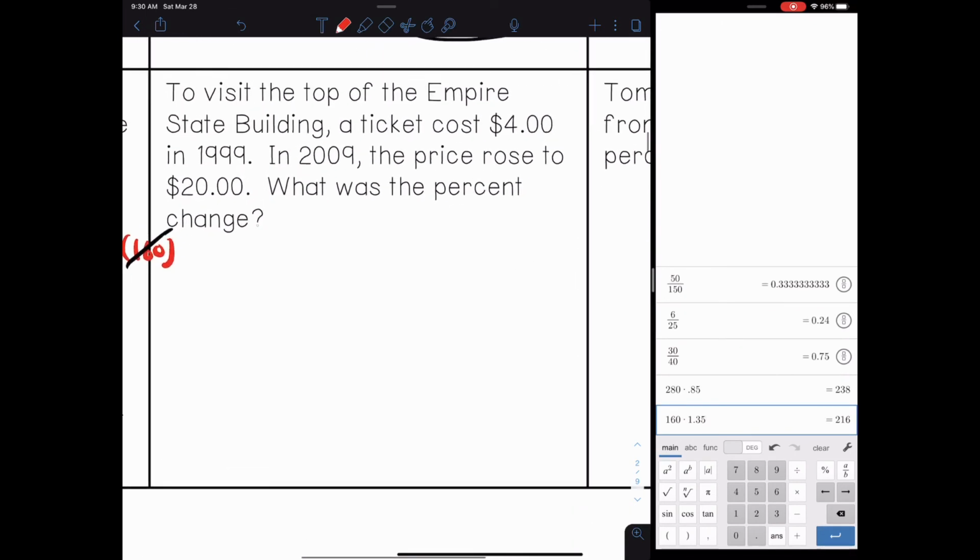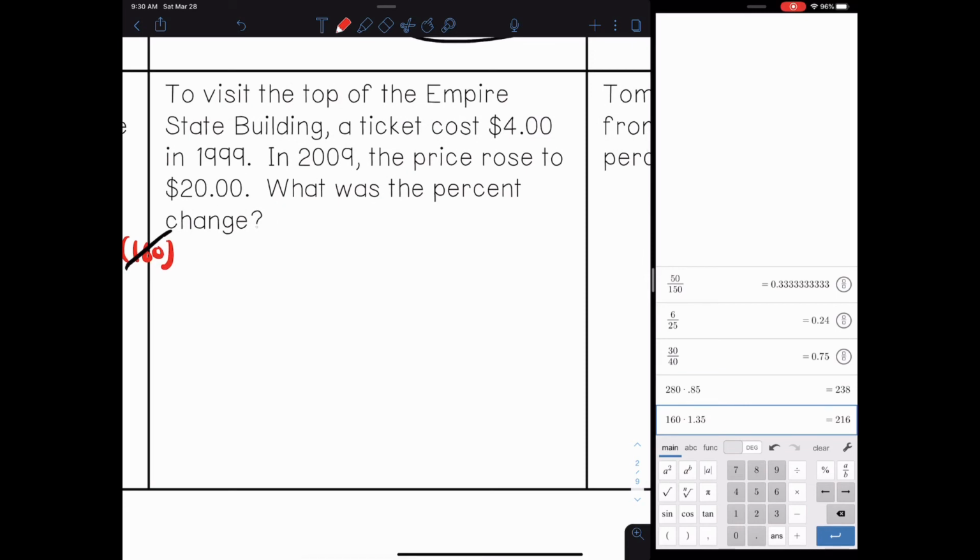To visit the top of the Empire State Building, a ticket costs $4 in 1999. In 2009, the price rose to $20. What was the percent of change? So this one I am looking for the percent of change.